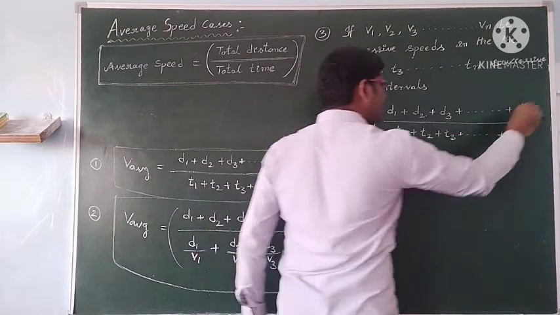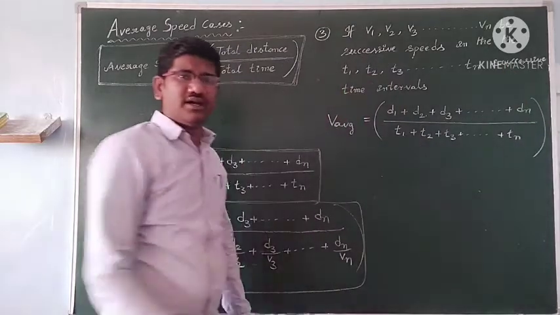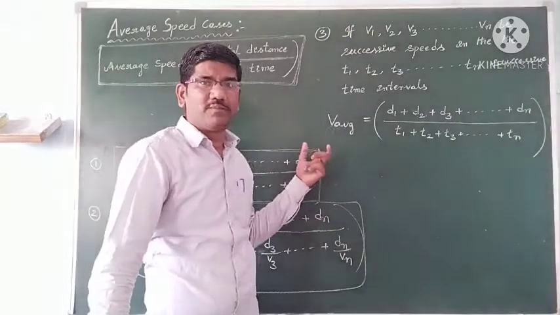So this is our basic formula for distances. That is average speed. Okay.